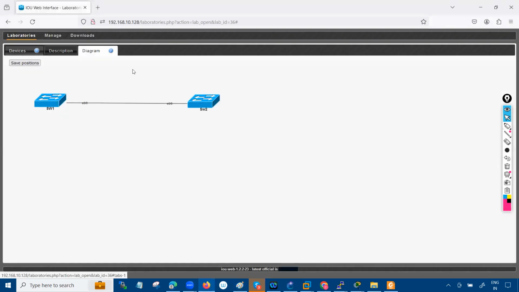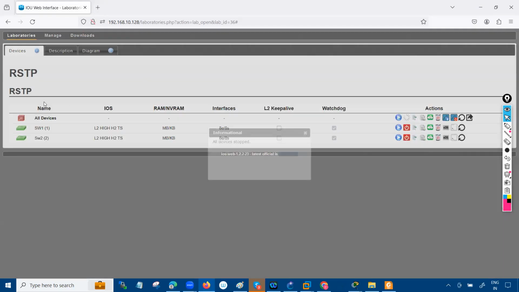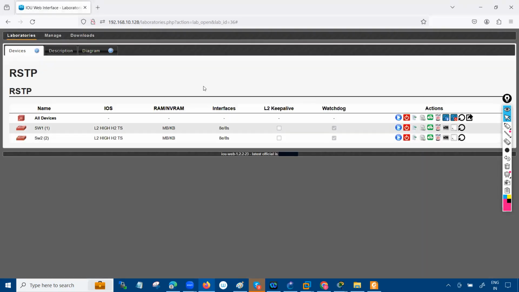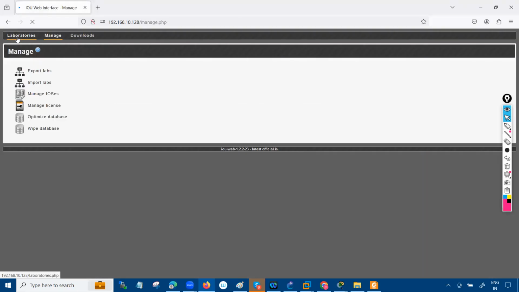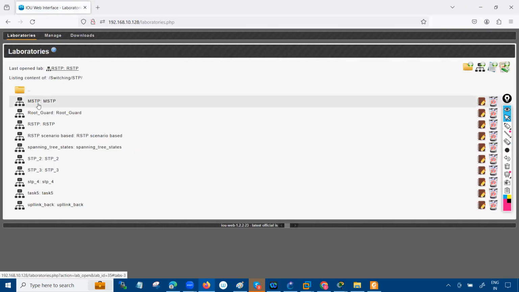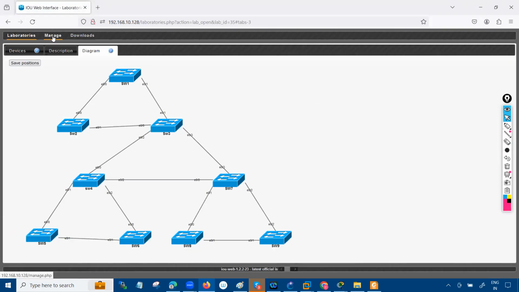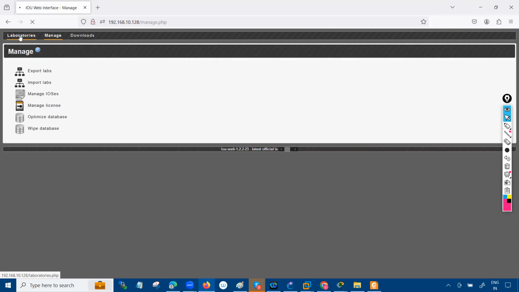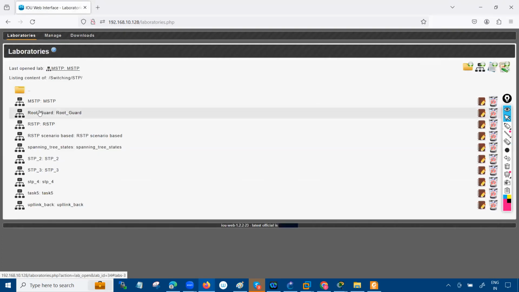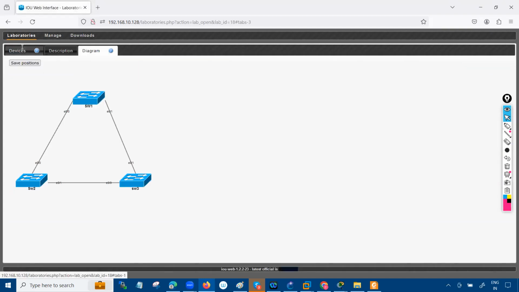I'll just go to the device, stop this box, and go to manage liberties. And then STP we have, not this one, this is for the CC. Okay, I'll change the protocol mode over here.